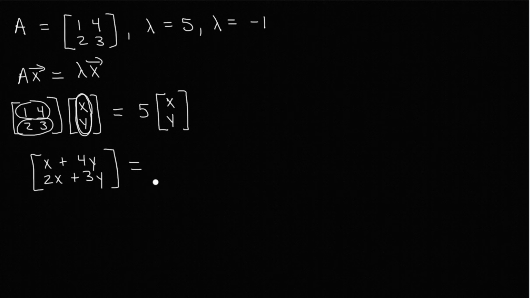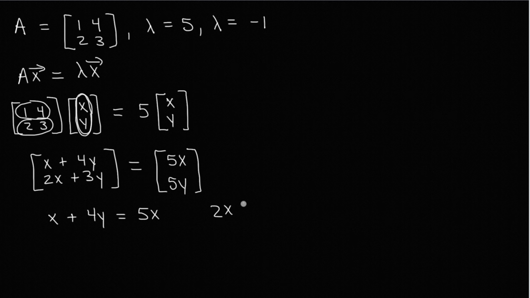Now over on the other side, we'll have to multiply every matrix entry by 5. And if we do that, we'll get 5x, 5 times x, and 5y, 5 times y. So now, if we match up components using these two matrices that are equal, we can get the two equations. x plus 4y equals 5x. And we get 2x plus 3y equals 5y.